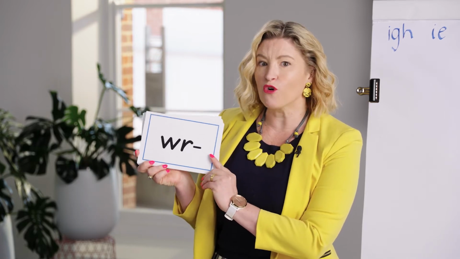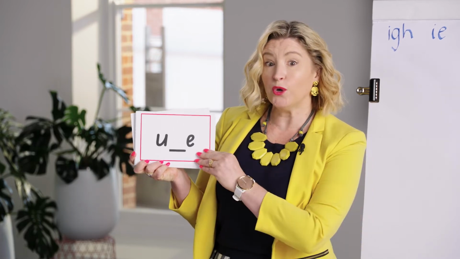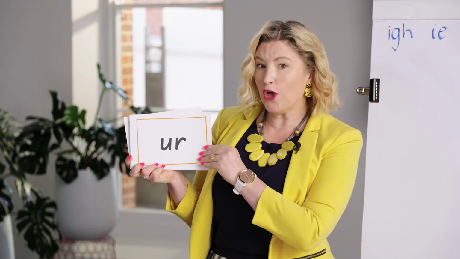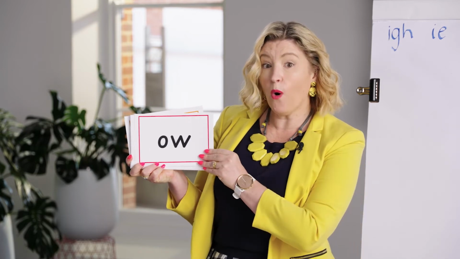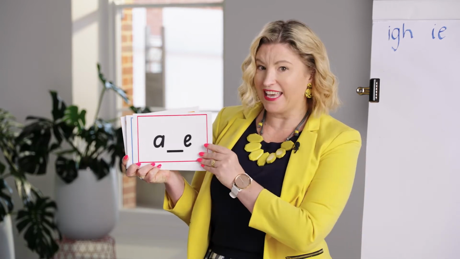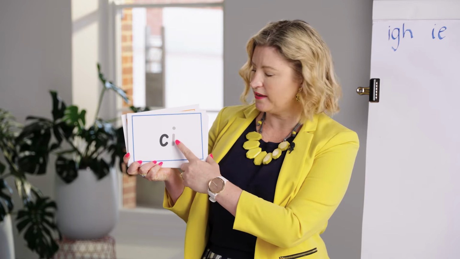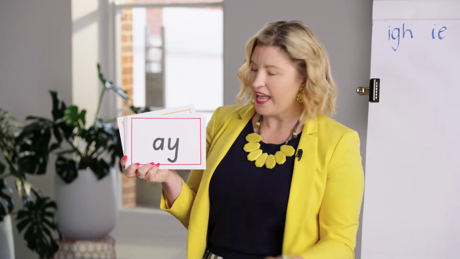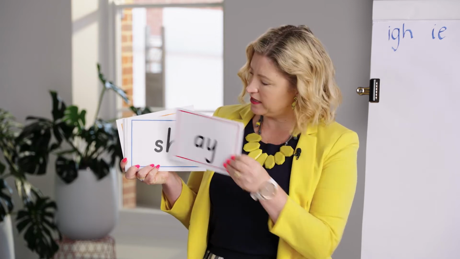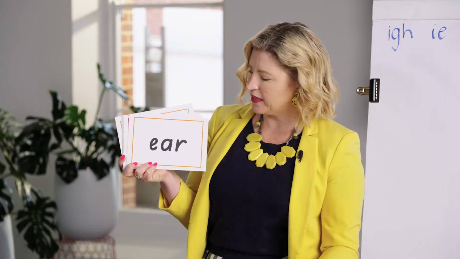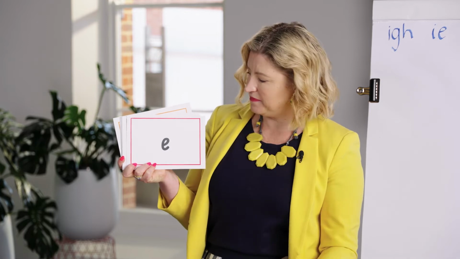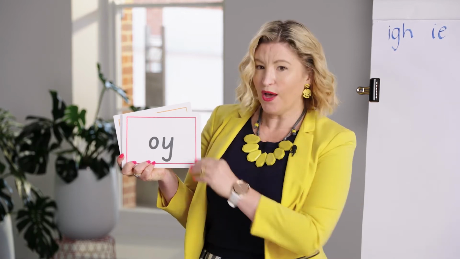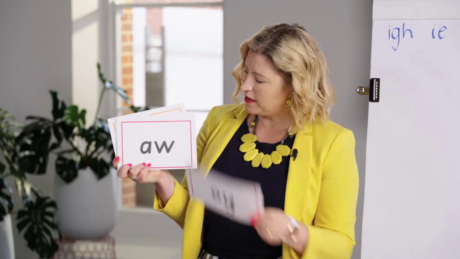You ready? R, U or oo. I, ow or o. A, s. That one makes it a soft sound. N. A, end of words. Sh. Air, as in pear. Long sound, E. Short sound, E. Oi, end of words.